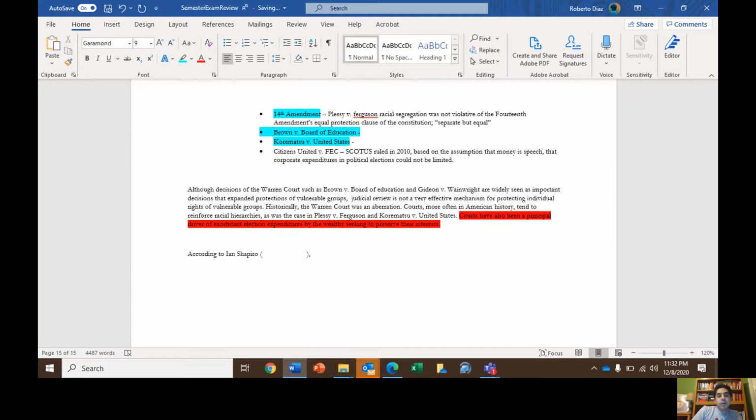According to Ian Shapiro, the Warren Court is an outlier, and courts have historically tried not to rock the boat.